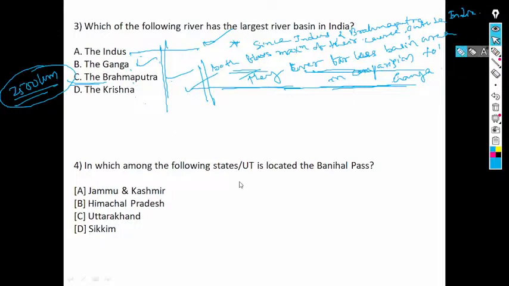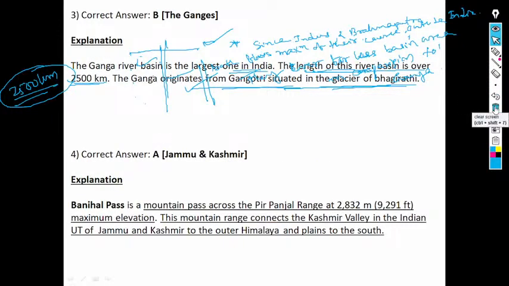Next: in which of the following states or UT is Banihal Pass located? Banihal Pass is in the Union Territory of Jammu and Kashmir.